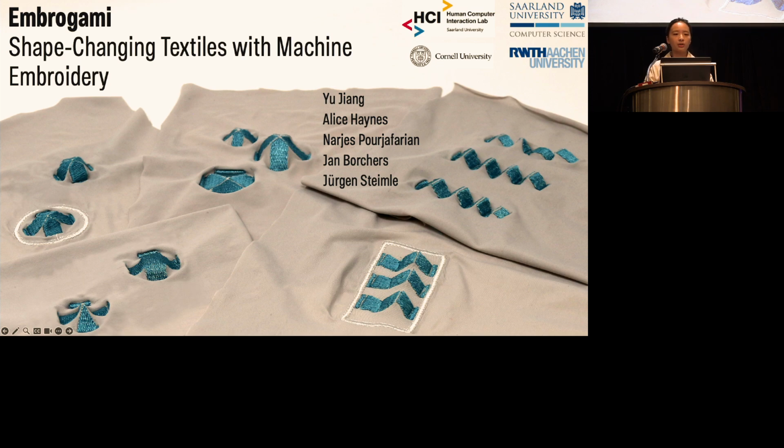So we tried to characterize, for example, when we evaluated how to lay out the different cells, the gap you need to leave between each Embrogami structure to make them still individually functional. That's one thing we tried to evaluate to make sure that different designers can still maintain the structural stability of the bistable shape changes. And we also did similar things for combining or integrating other shapes. You can check our paper for a more extensive technical evaluation. Okay, thank you.